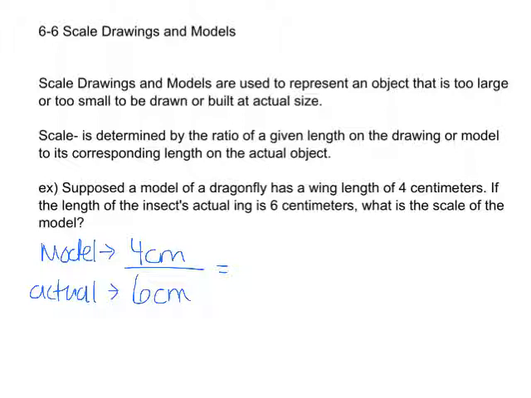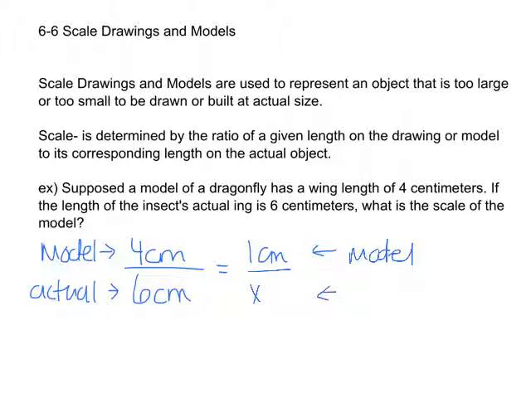Well, for a scale, I'm looking for what 1 centimeter on the model would be, because this would be what I would put on the drawing. So I have 1 centimeter over, and I'm trying to find that actual length. So this is our model, and this is what the actual would be.